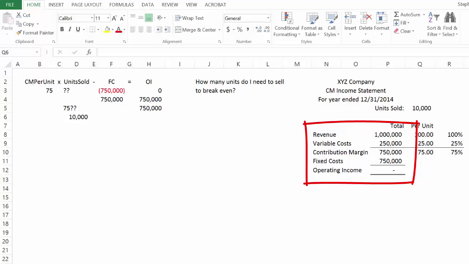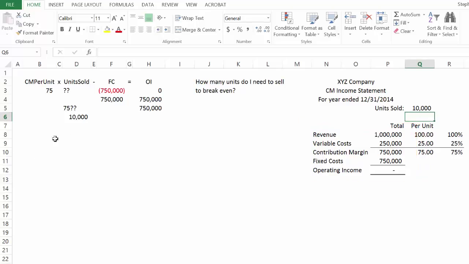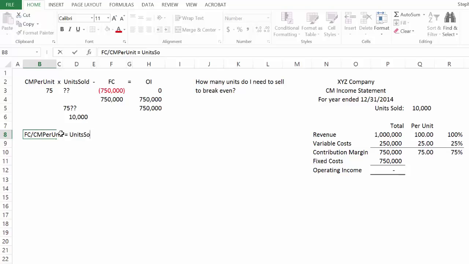Now, is there a shortcut we could do to come up with this same equation? Well, remember that what we ended up with at the end was the fixed cost divided by contribution margin per unit equals units sold. Let's just see if that'll work.